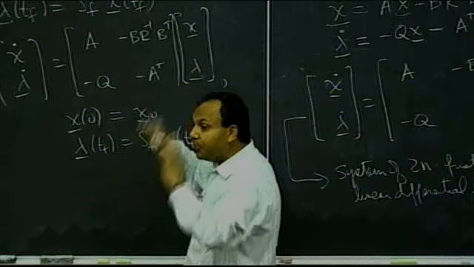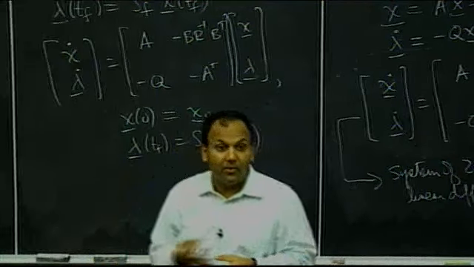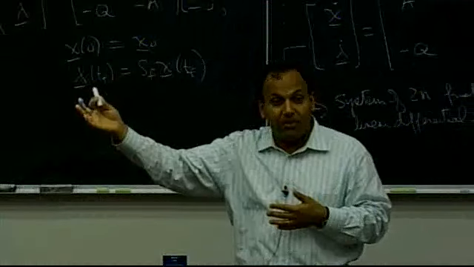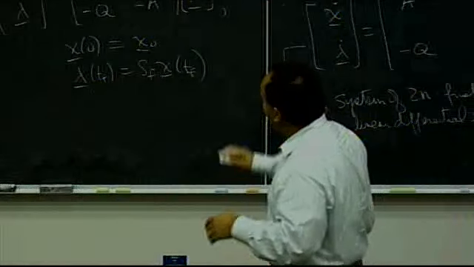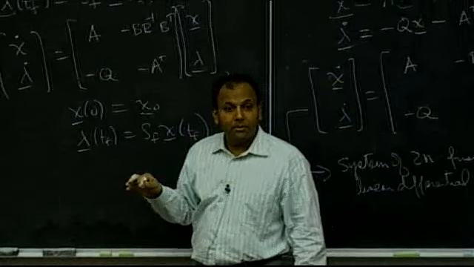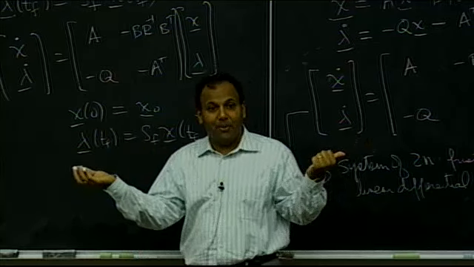So now, in principle, I can solve this, right? Because I have the right number of boundary conditions. If I have a system of 2n differential equations, I need 2n boundary conditions in order to solve it. But I have a bit of a problem here. What's my problem? N of them are at one endpoint, and the other n are at the other endpoint, right?